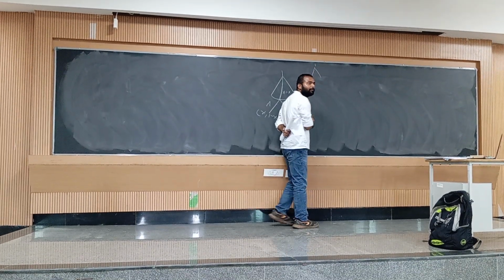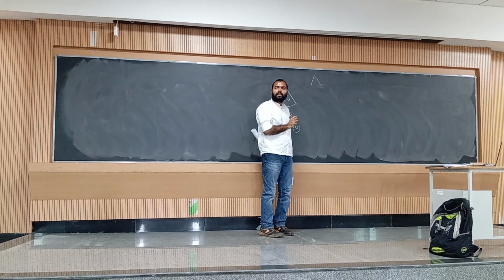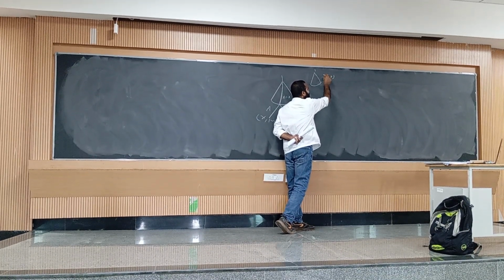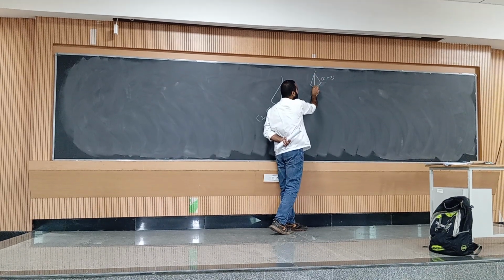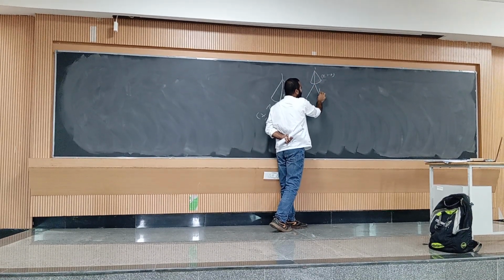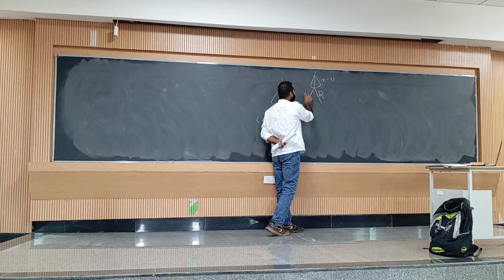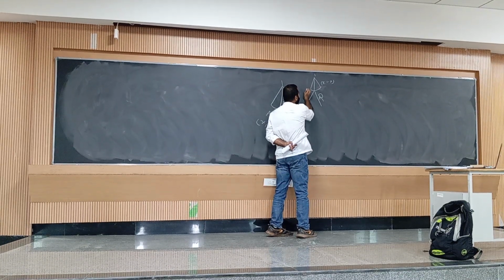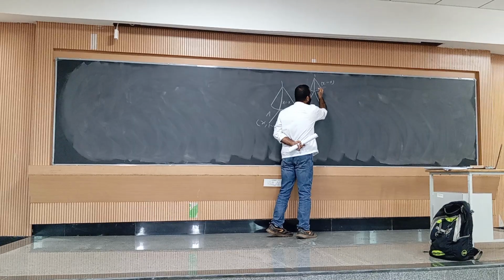Again, I am repeating: if player one makes a proposal of x, 1 minus x, where x is the proportion, player two has two options: reject or accept. Here is reject, here is accept.